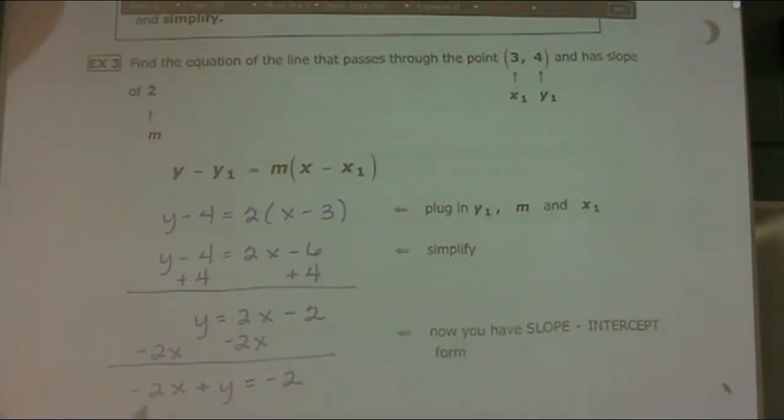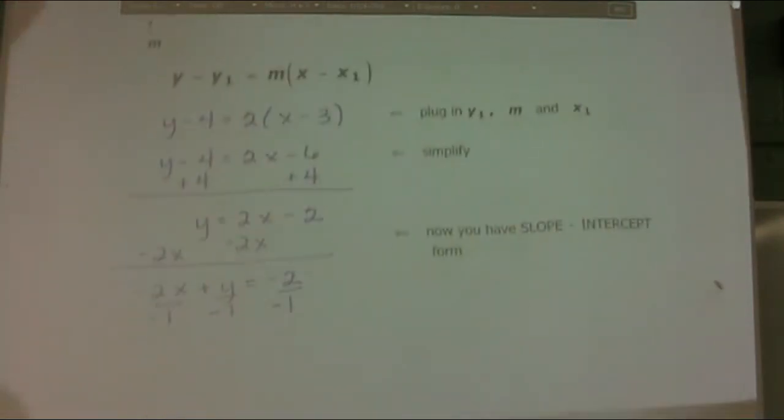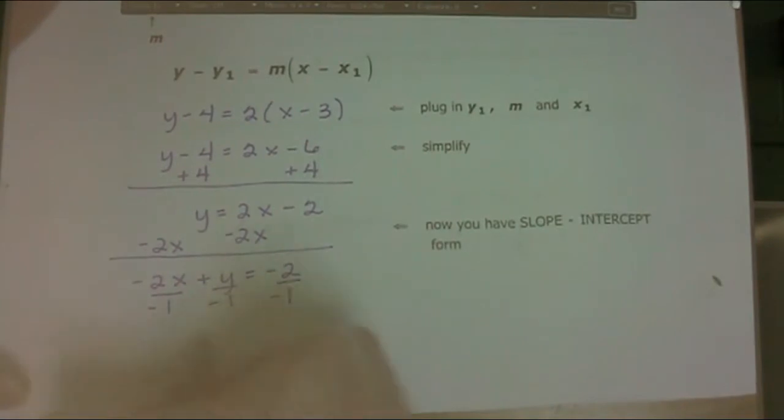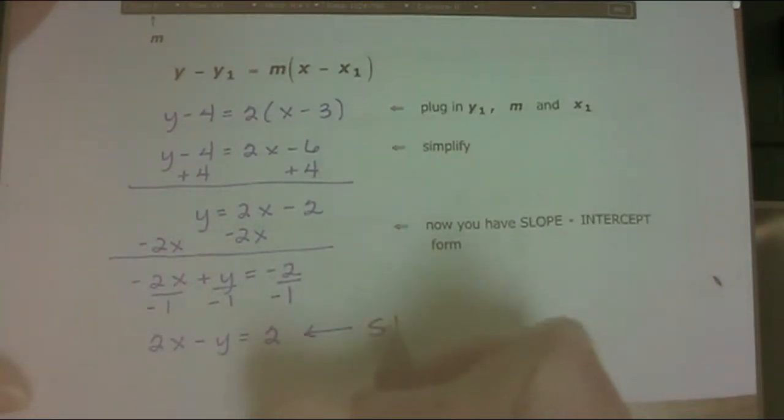But I can't have a negative as my a. So I'm going to divide everything not by negative 2, but by negative 1. The 2 is okay, it's just the negative that can't be there. So everything is divided by negative 1, and I'm going to get 2x minus y equals 2. And that is standard form.